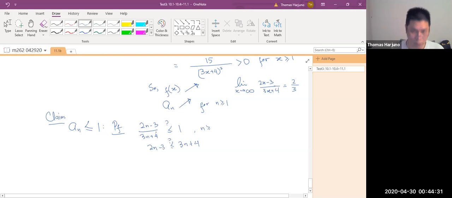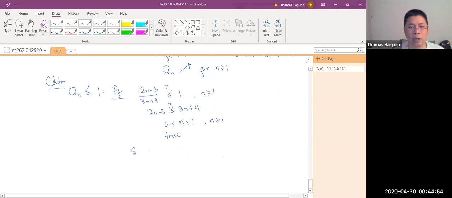So 3n plus 4 is always positive. So if I multiply by something positive, then I don't need to change the sign. Now notice that this is always true. So a sub n is bounded above by 1.